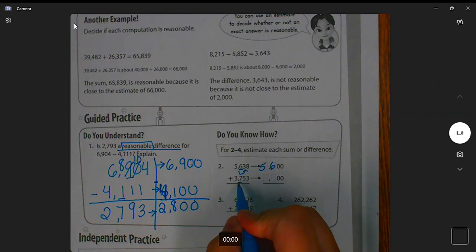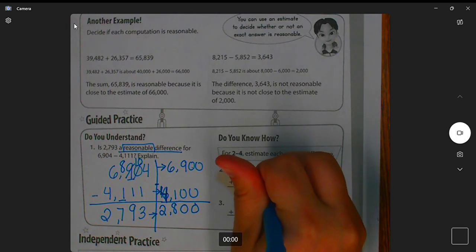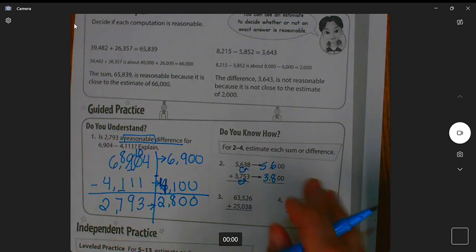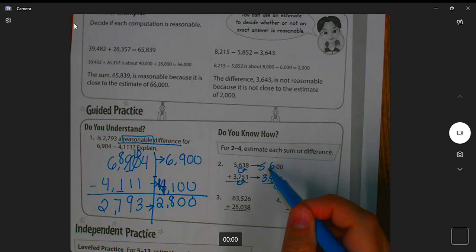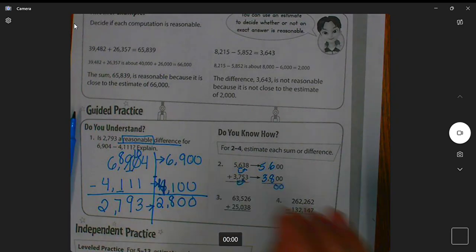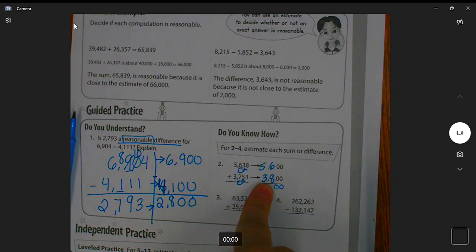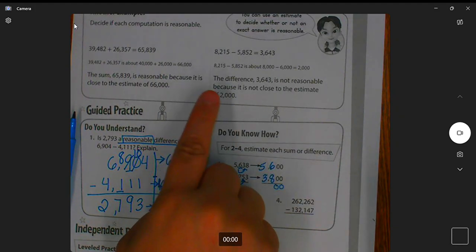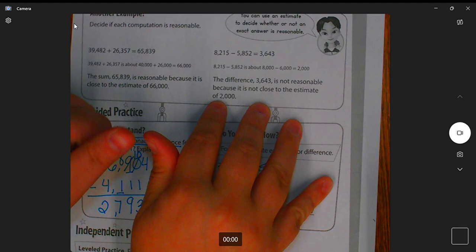7. 5 or higher, add 1 more. 4 or less, let it rest. The 5 tells the 7, yes, I'm going to make that 7 an 8, and the 3 stays the same. So I can add 0 and 0, that's the easy part, they're 0. 6 plus 8. If I'm not too strong on my adding skills, I can count with my fingers. So I'm going to start at 8. I always start at my bigger addend and I count up. 8, 9, 10, 11, 12, 13, 14.